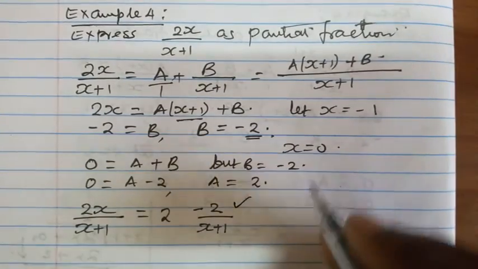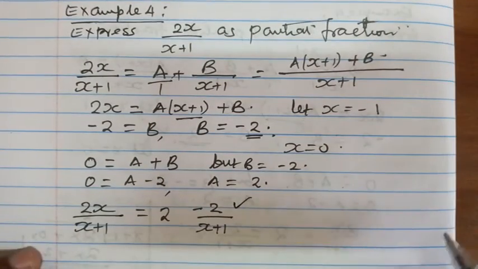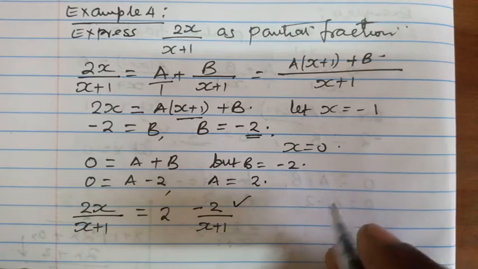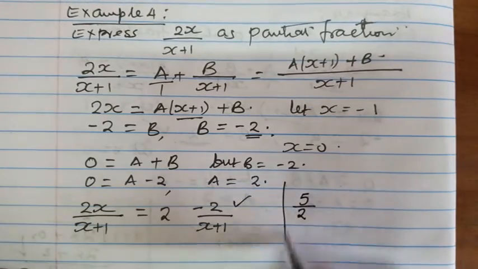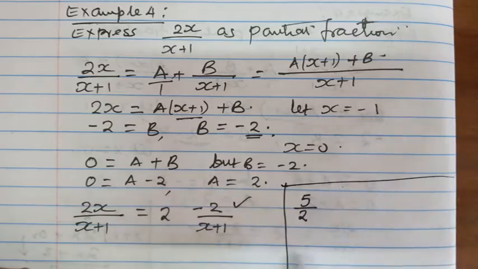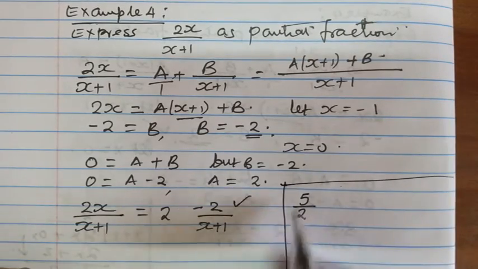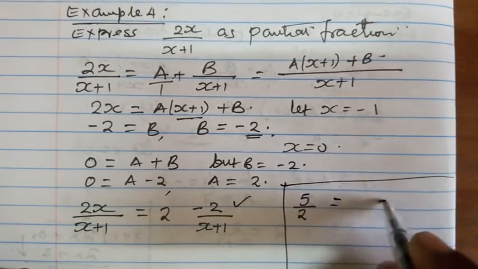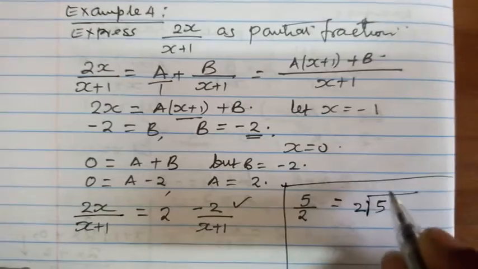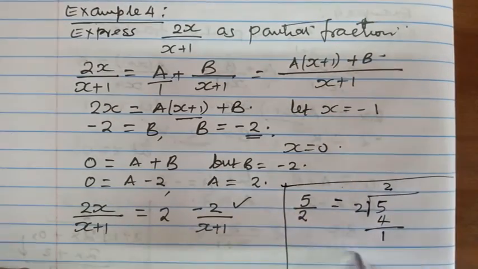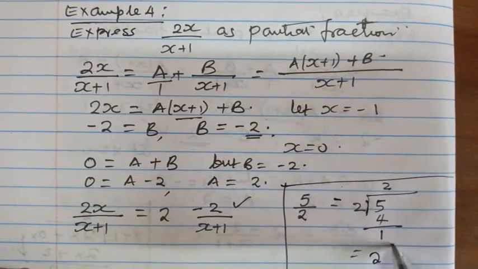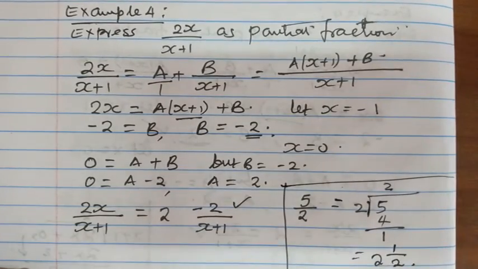If you remember the long method of division, like 5 divided by 2, this is an improper fraction. 5 divided by 2 gives 2, 2 times 2 is 4, and then 1.